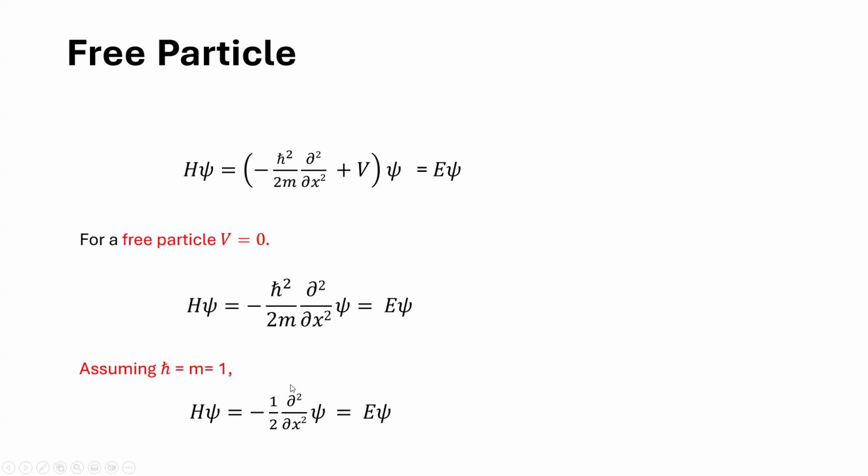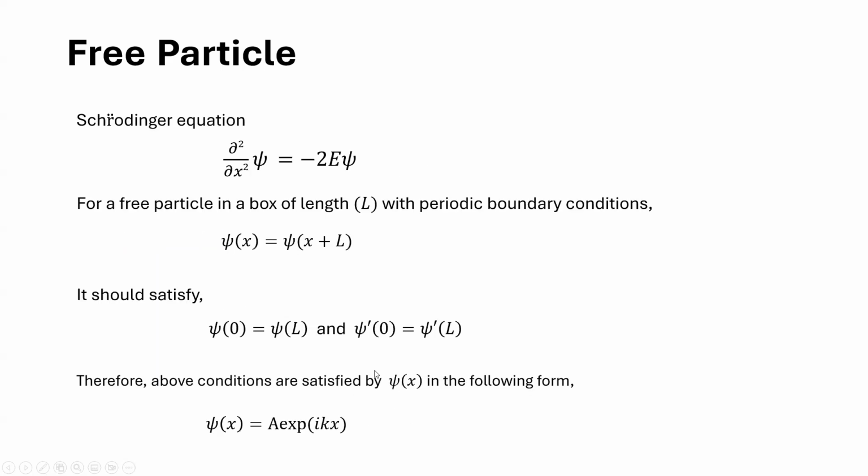So this expression becomes minus 1/2 times the second partial derivative of psi over x squared is equal to E times psi. This is the Schrodinger equation we got now, and here we are considering a one-dimensional problem, so we have only one direction, x.